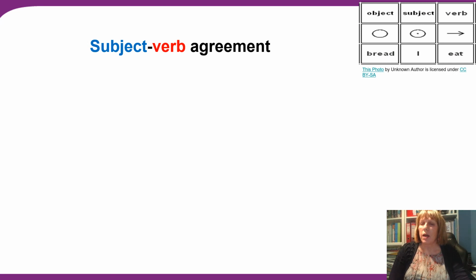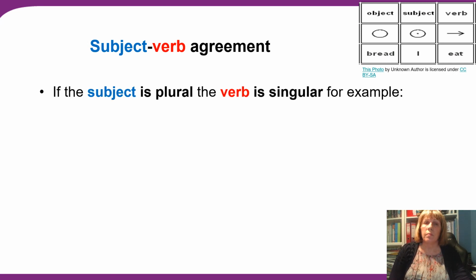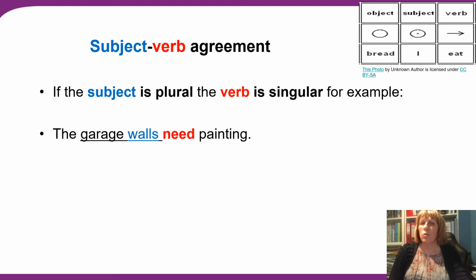Let's have a look at some more examples. If the subject is plural, the verb is not singular. The garage walls need painting. So can you see there, it's one garage, but actually we're talking about all of the walls. So that makes that a plural subject. And the verb need is plural. Let's have a look what happens when we change the subject to a single subject.